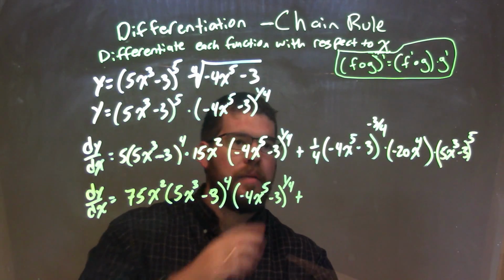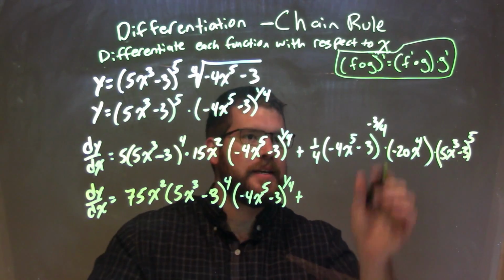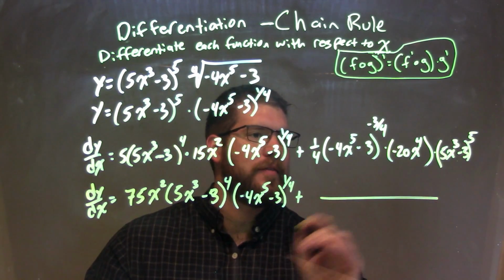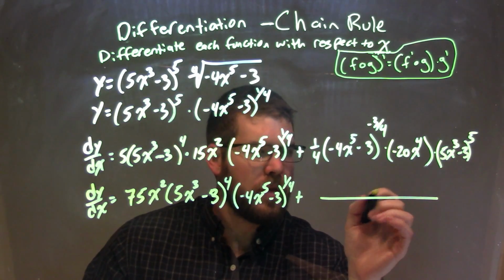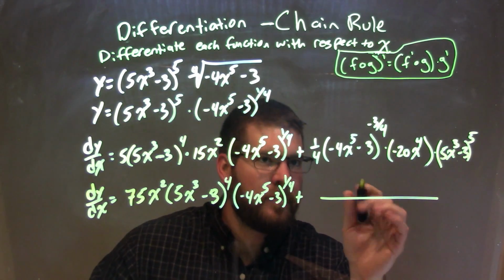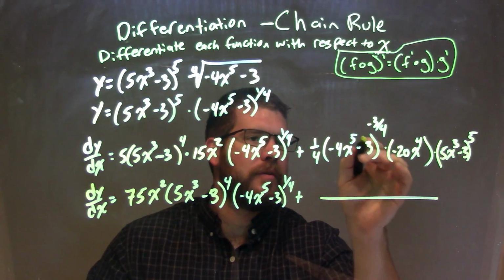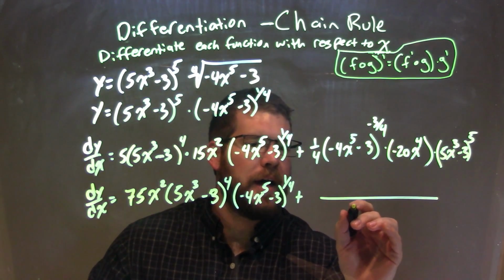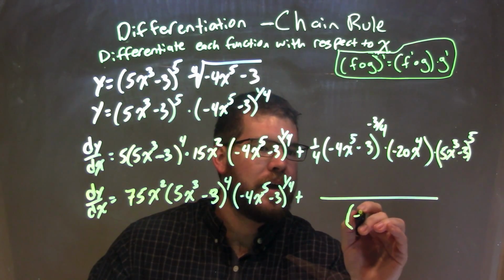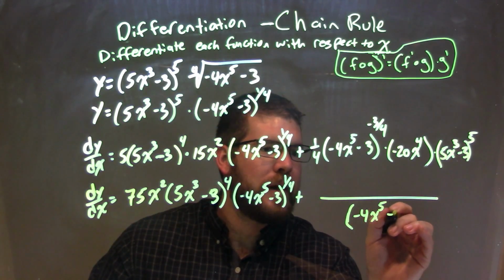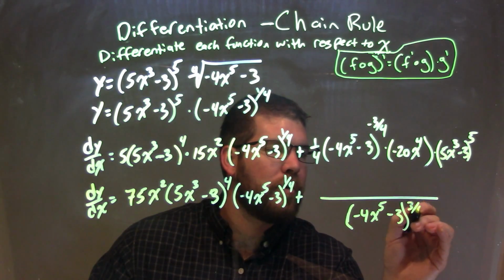Then we're going to add here, and this one I'm actually going to make into a fraction because I see a negative exponent. I'm going to bring that negative exponent down to the denominator. So we have negative 4x to the fifth minus 3 to the positive 3/4 power.